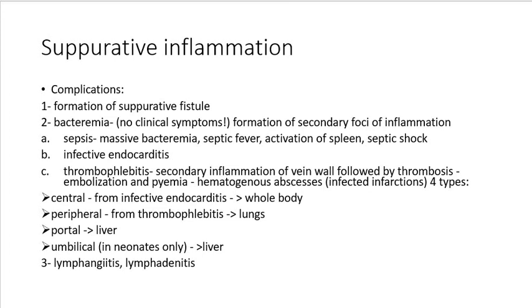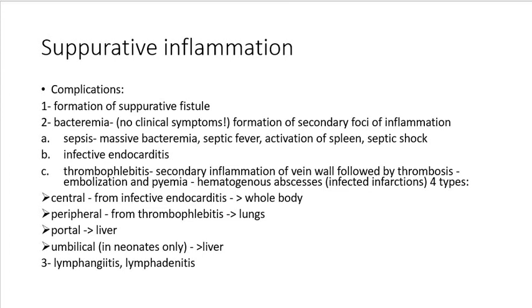And depending on the location, which vessel is being affected, we can connect where the next foci is basically. So if the infection is central, for example, from infective endocarditis, the spread can be to the whole body.